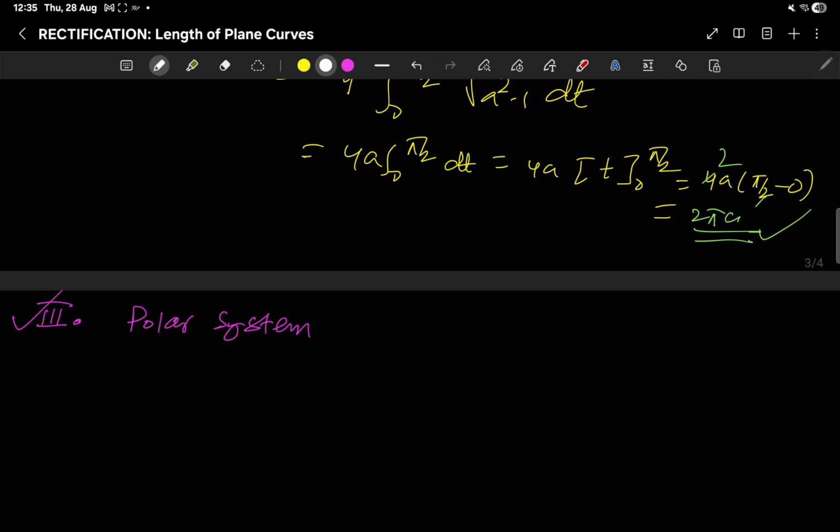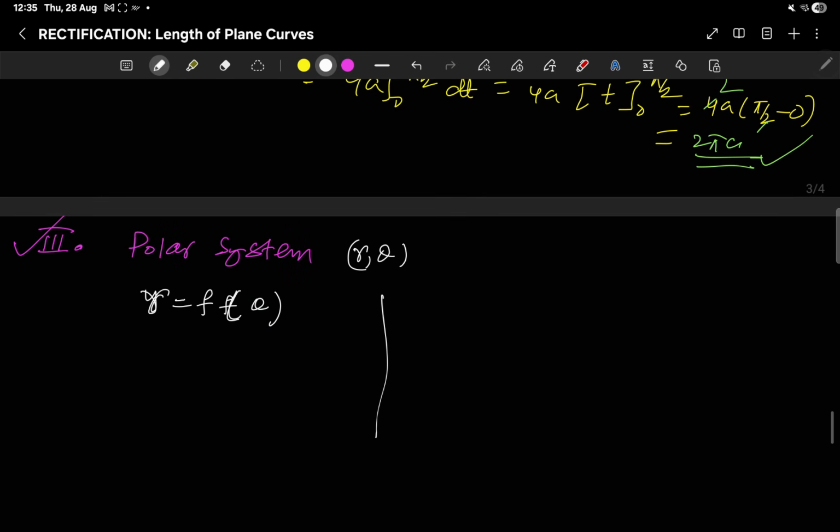In the polar system, the curve is given in r theta coordinates. It may be r is equal to f of theta, where theta is the angle of rotation here, or it can be written as theta is equal to some f of r. In general, it is in the r theta system.